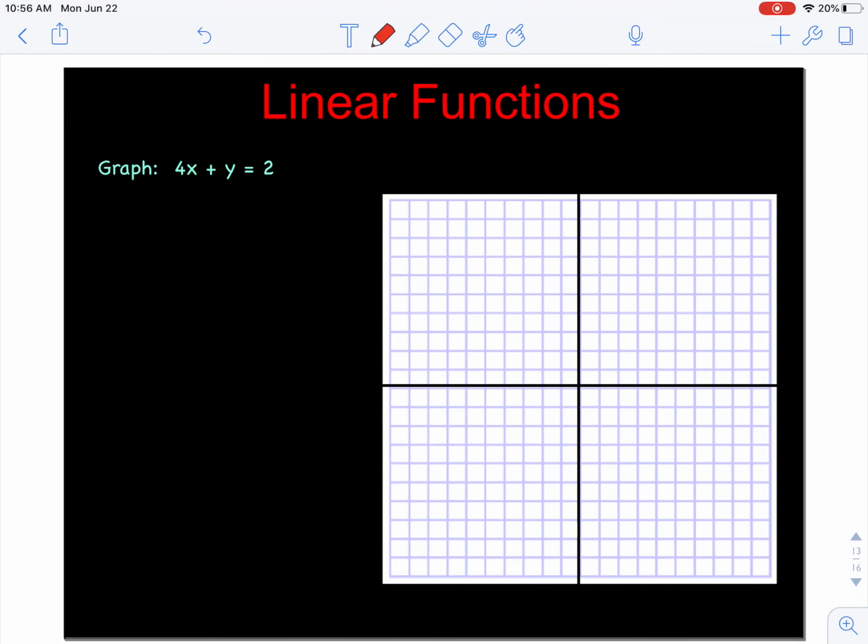Here's another one in standard form, and honestly, sometimes it's just really easy. If you just go ahead and put 0 in for x, that term is just going to cancel out, and you're going to get y equals 2. When you put 0 in for y, 4x plus 0 equals 2. Again, that term is covered up, and you'll just have 4x equals 2.